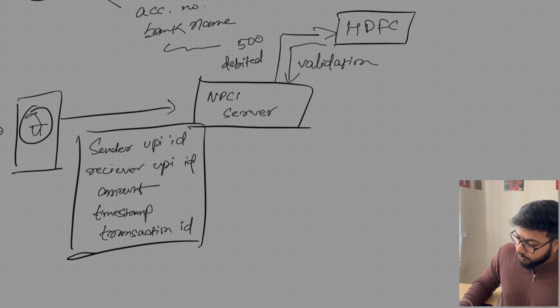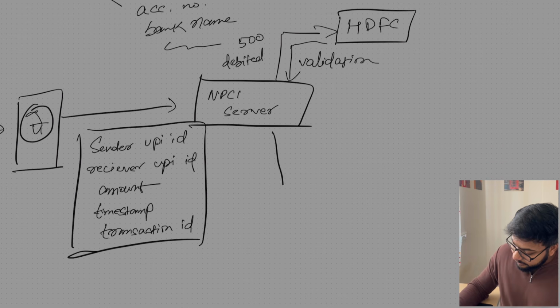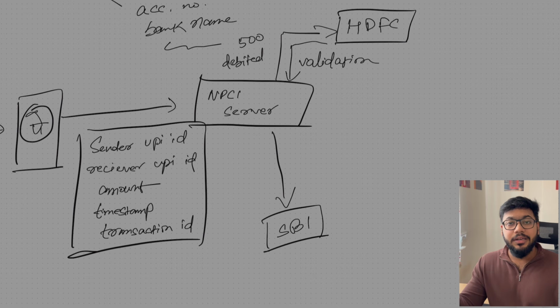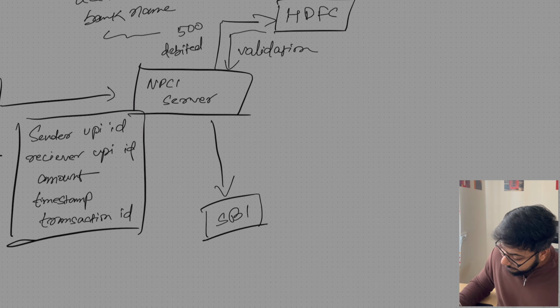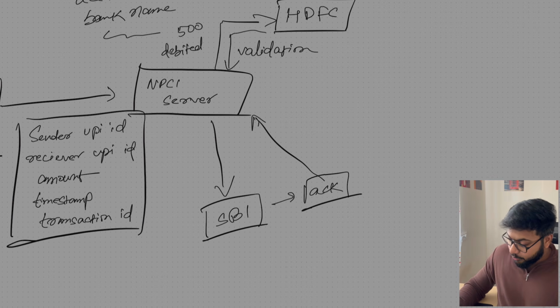Okay. What happens now? The NPCI server will make a call to the receiver's bank. Let's say the receiver's bank is SBI. Now the receiver's bank needs to acknowledge the incoming request. Let's say SBI acknowledges this request. What will happen?